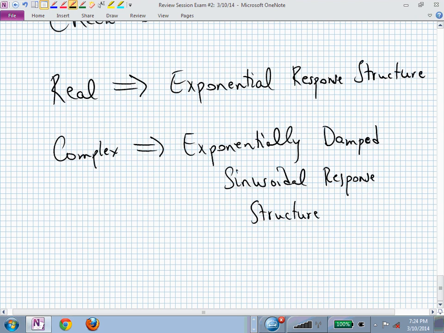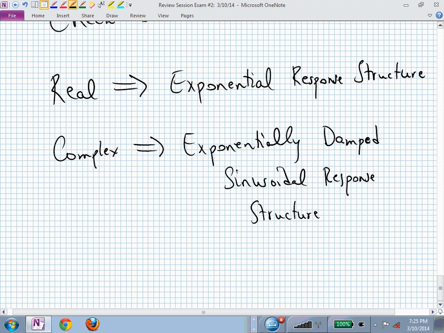It could be going unbounded. It's just easier for me to say exponentially damped, instead of exponentially damped or positive exponential, just damped with a negative.